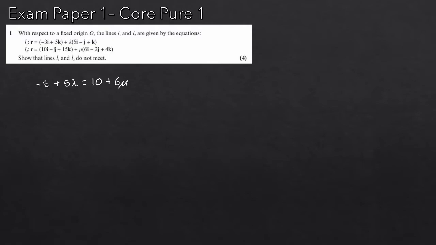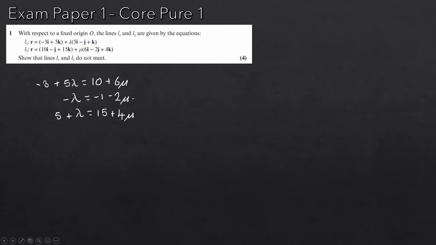Well, we've got no j components, so that's just going to be 0 minus 1 lambda, so minus lambda. That's going to be equal, and do the same with L2 now, the corresponding parts, that's minus 1 minus 2 mu. And then finally, we've got 15k here, we've got 5k here, so that's going to be 5 plus 1 lot of lambda, because it's plus k times lambda, so plus lambda. That's going to be equal to 15 plus 4 mu.